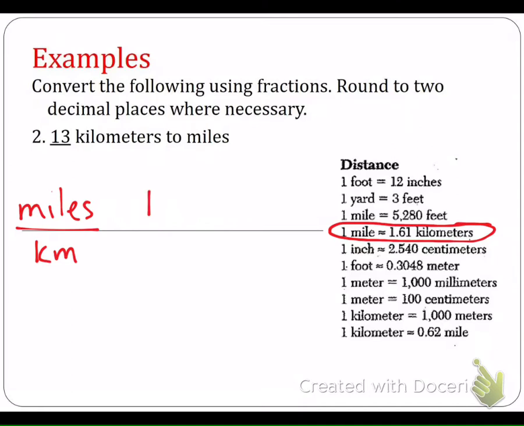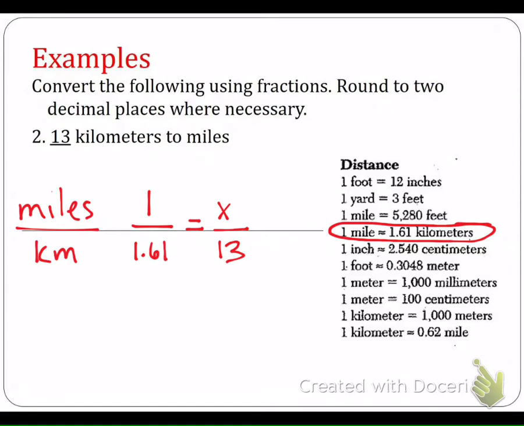So 1 mile equals how many kilometers? 1.61, okay? Now, go back to miles. We're looking for the number of miles, so what will I put here? The X, good. And then what goes on the bottom? The number of kilometers. Well, how many kilometers do I have? 13, good.